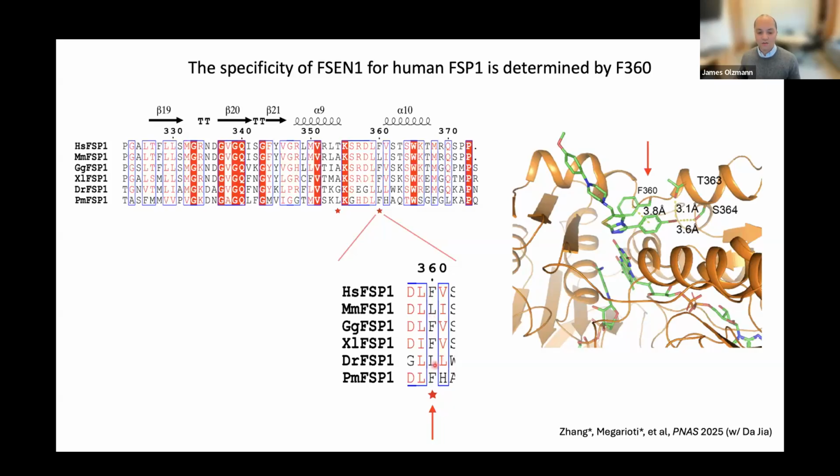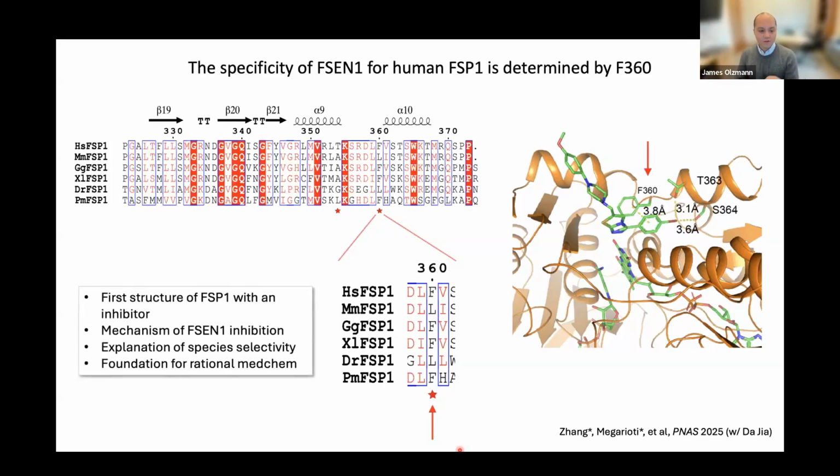It's also a leucine in Drosophila FSP1. If we make a phenylalanine to leucine mutation, this blocks the ability of FSEN1 to inhibit human FSP1. We can also do the corresponding mutation. We can take mouse FSP1, mutate that leucine to a phenylalanine, and we're able to gain inhibition. So we humanized the mouse FSP1 to FSEN1.